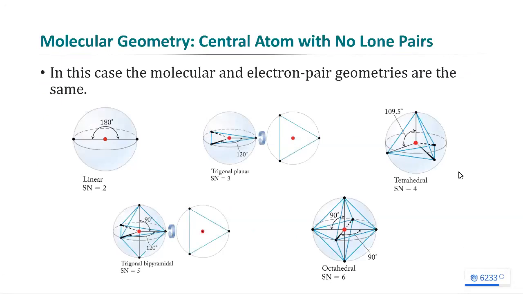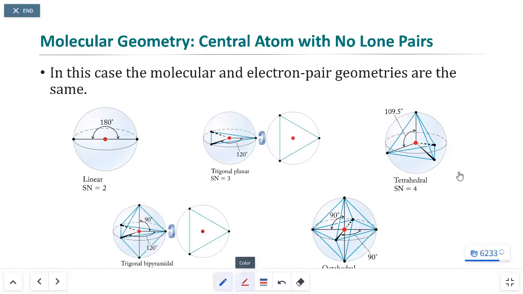So what we have to think about as far as electron pair geometry is concerned, these 5 shapes inform what we would call our electron domain geometries. And they're all related to steric numbers.